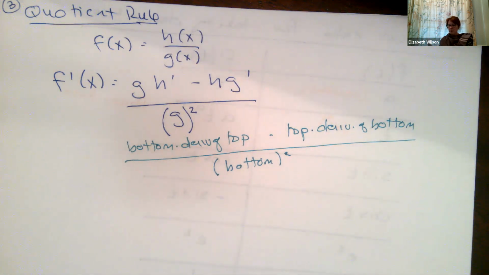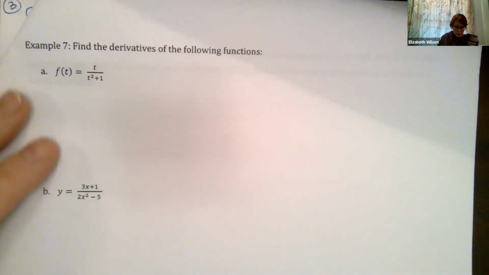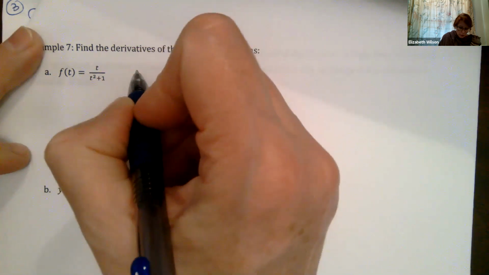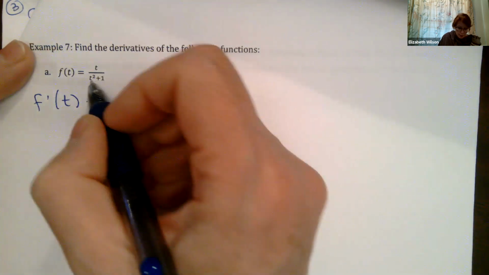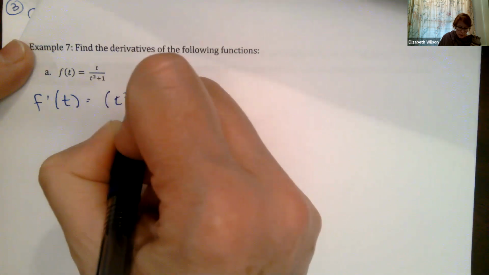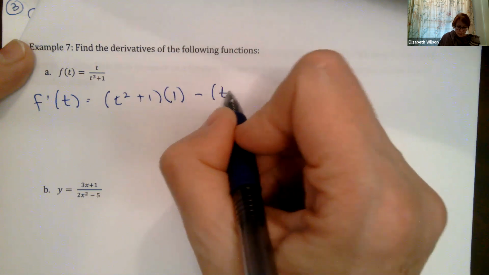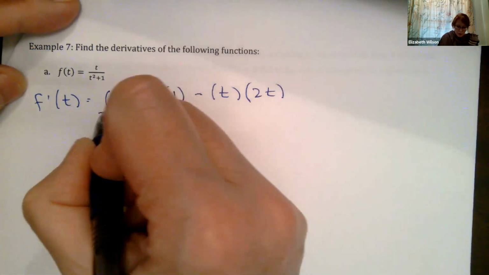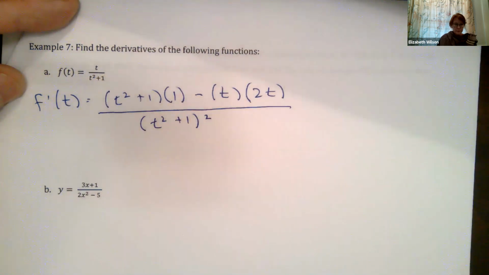Okay, example 7. f of t equals t over t squared plus 1. So when I want to find my derivative, I take the bottom, t squared plus 1, times the derivative of the top, minus the top times the derivative of the bottom, 2t, all over the bottom squared.